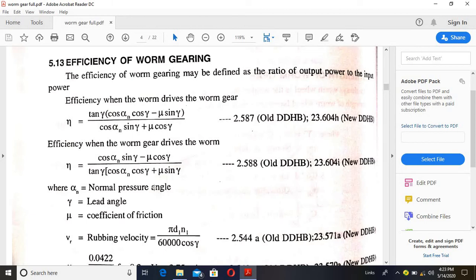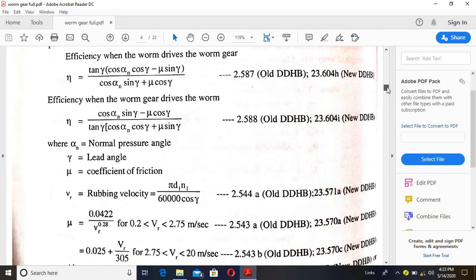So these are the two formulas depending upon which is the driver and which is the driven. Here the unknowns are gamma, the lead angle, and mu, the coefficient of friction.